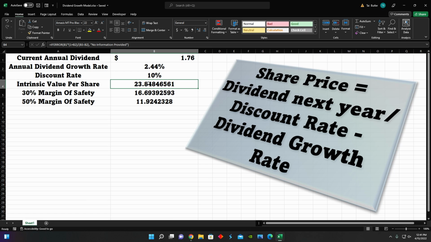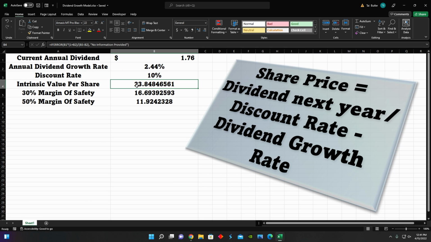So if we want to get at least a 10% return per year, then that would be the discount rate we would use for our intrinsic value equation, or in this case, a dividend growth model. Then we subtract the annual dividend growth rate from the discount rate as the denominator. Once we have the dividend next year divided by the discount rate minus the dividend growth rate, that gives us our intrinsic value per share.